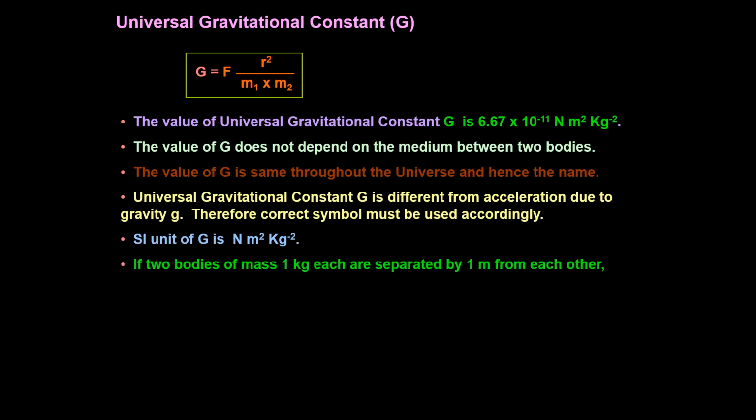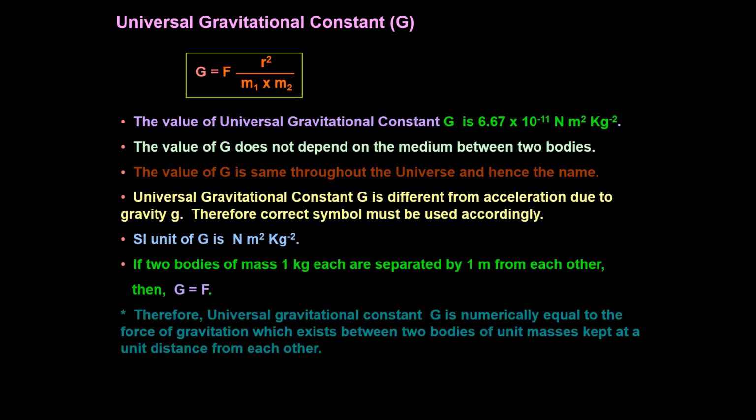If two bodies of mass 1 kg each are separated by 1 m from each other, then G is equal to F. Therefore, the universal gravitational constant G is numerically equal to the force of gravitation which exists between two bodies of unit masses kept at a unit distance from each other.